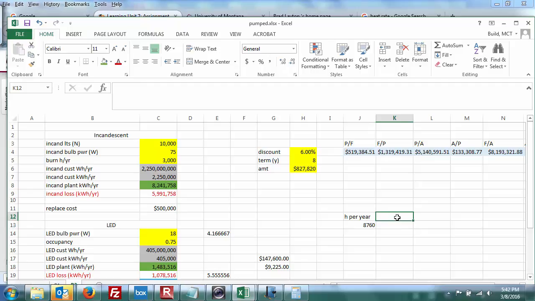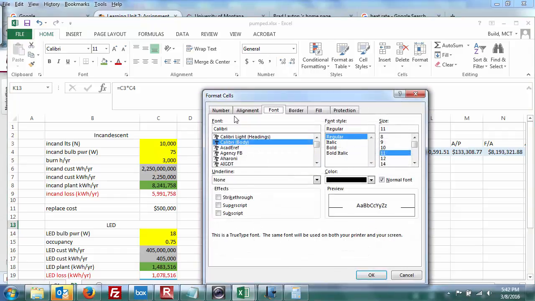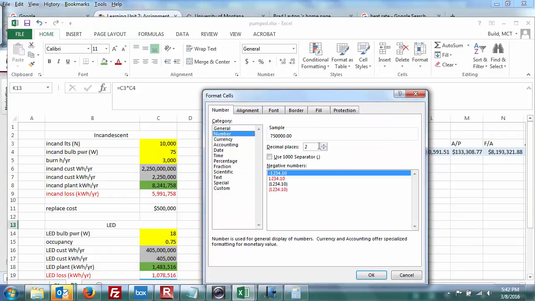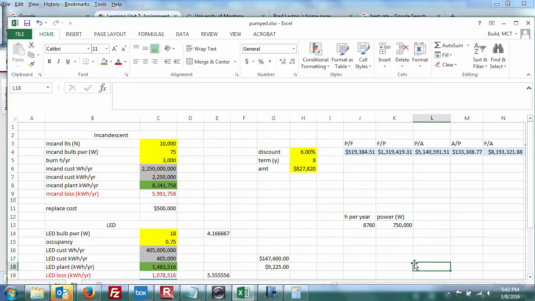So power in watts equals 10,000 times 75. If they were all on, it's only 3/4 of a megawatt to run all these bulbs, but they're not running all the time.